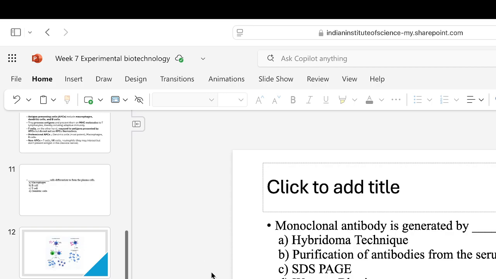Fine. The next question is, monoclonal antibody is generated by dash: hybridoma technique, purification of antibodies from the serum, SDS-PAGE, and Western blotting.